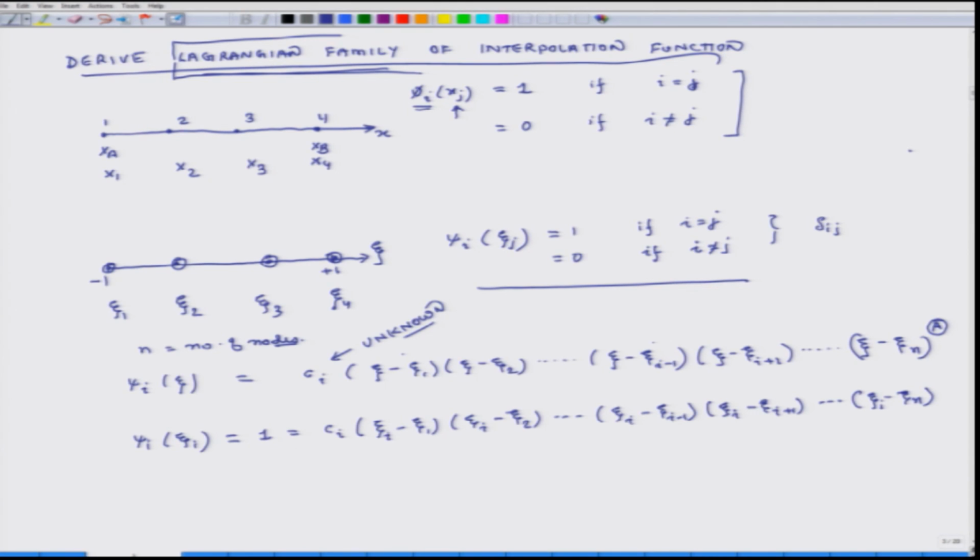So, in this equation B, there is only one unknown, which is Ci, everything else is known. I know the locations of zeta 1, zeta 2, zeta 3, all these things. So, I can calculate Ci from here.